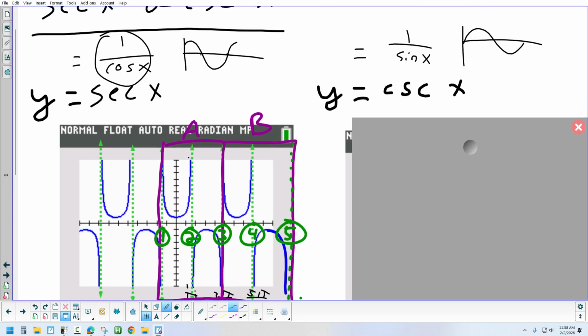All right. And lastly, what's the connection between secant and cosecant? Is there a word that describes them? Yep. Reciprocals. So we saw with tangent and cotangent, they looked pretty similar because they were reciprocals.